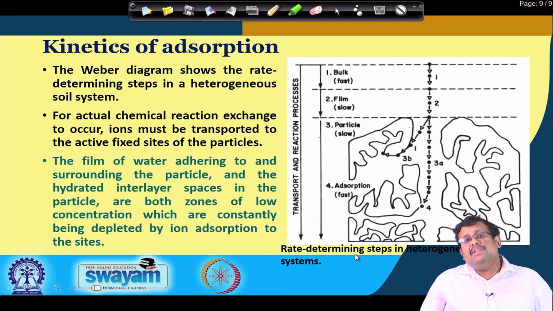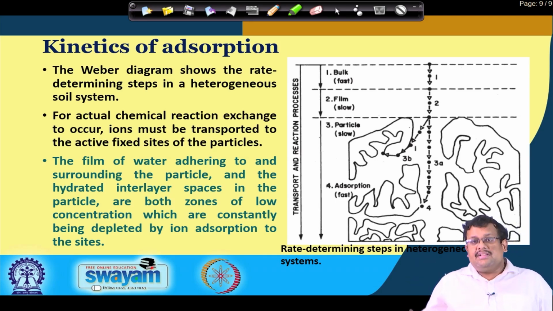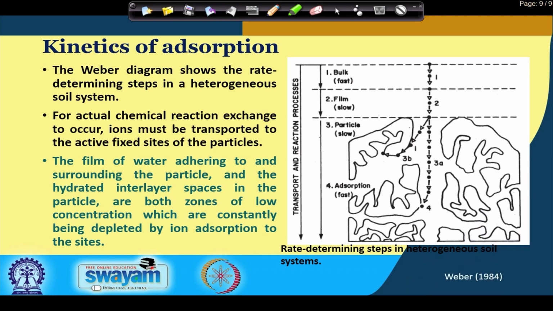So, let us discuss the kinetics of adsorption. This Weber diagram, given by the scientist Weber in 1984, gives us the rate determining steps in a heterogeneous soil system. By nature, soil is heterogeneous.